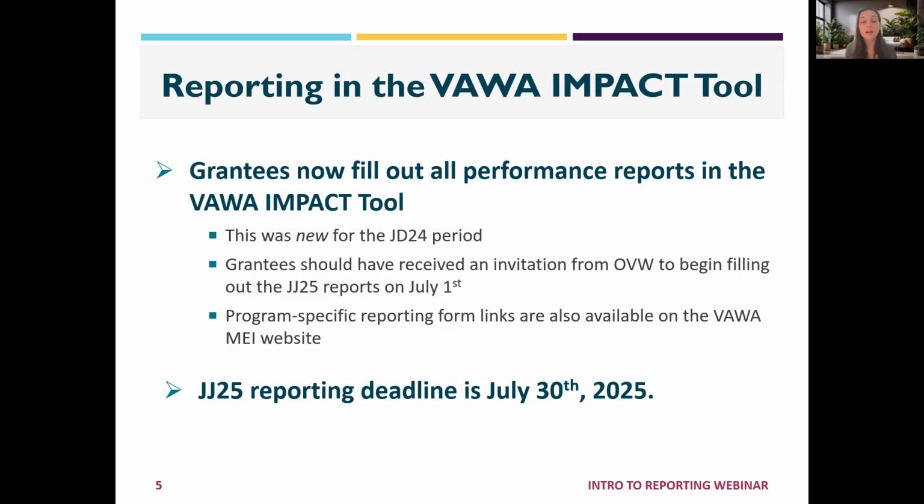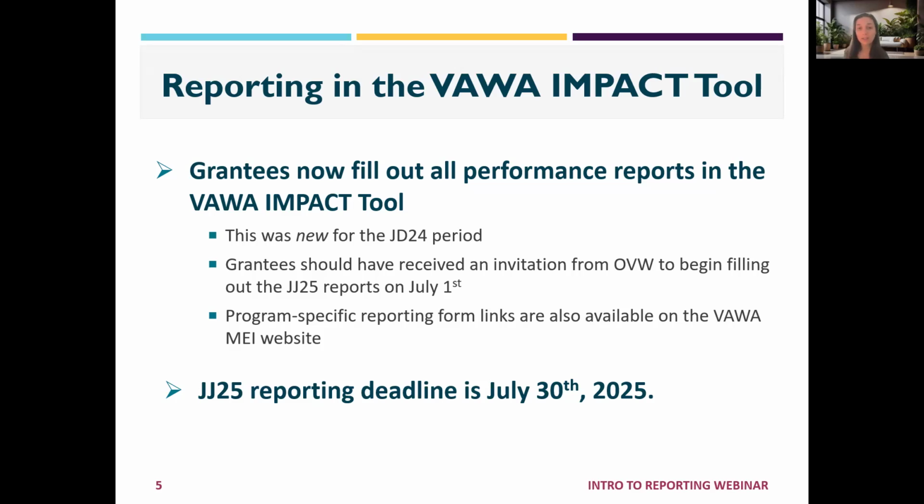The January to June 2025 reporting period form must be submitted into your JustGrants account by July 30th, 2025. If for any reason that due date doesn't feel doable to you, you must reach out to your OVW program manager and be in touch with them about the due date.